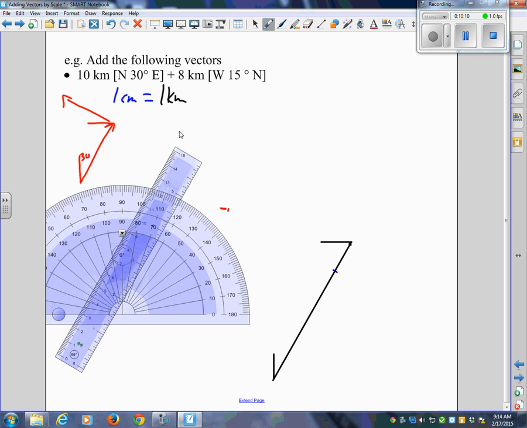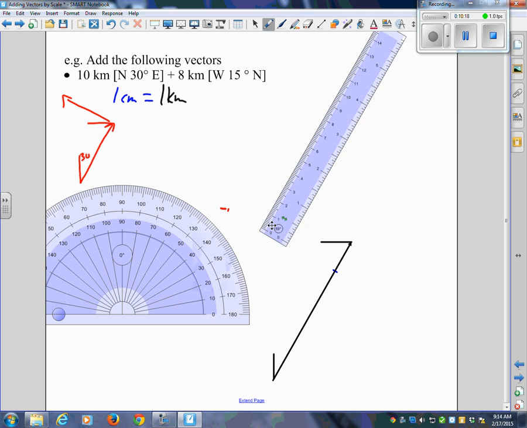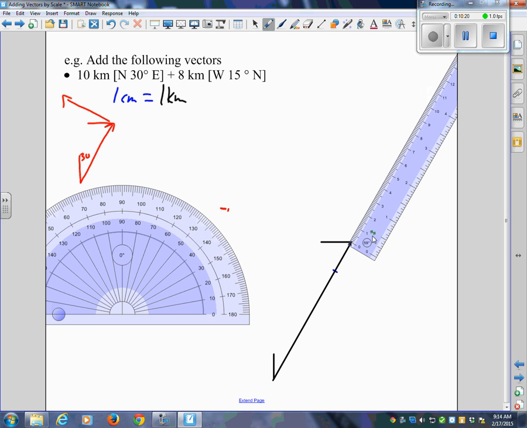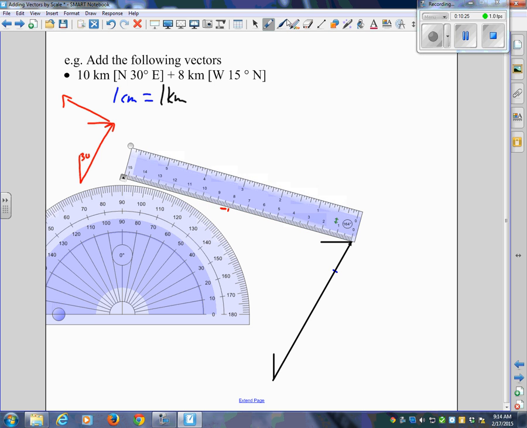And I'm going to go 8 centimeters, right? There we go.